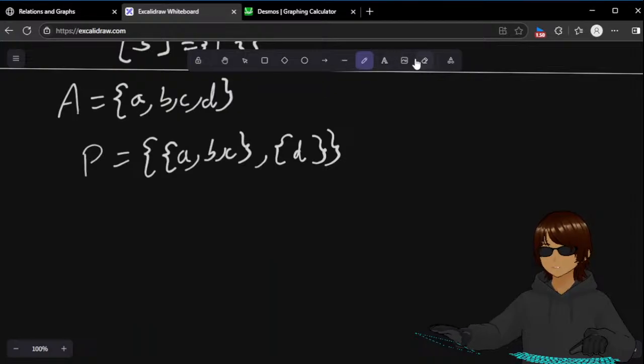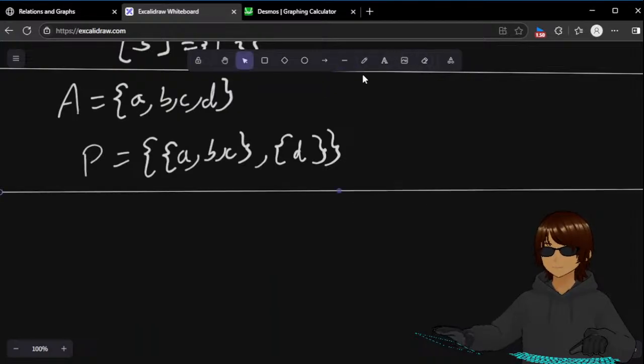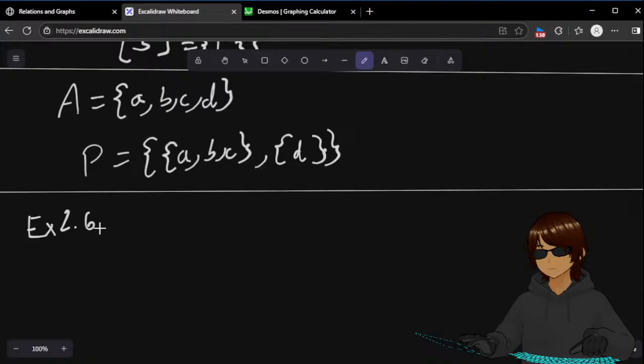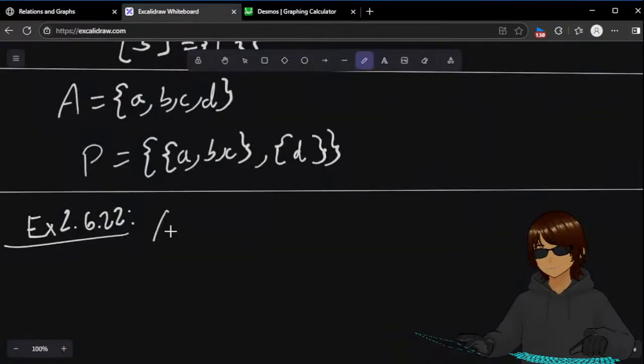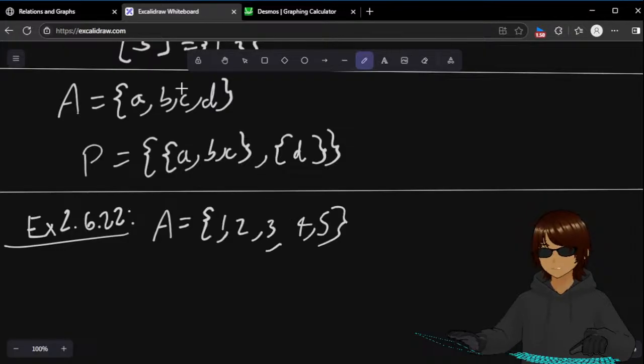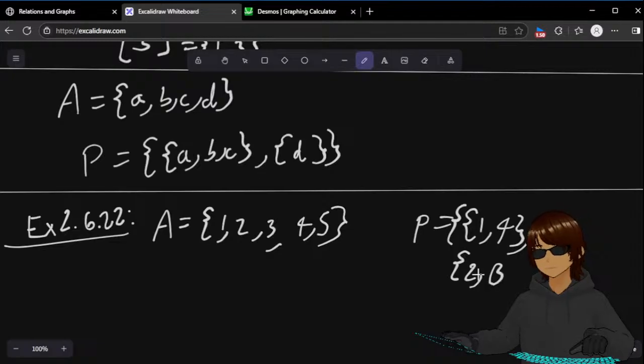Exercise 2.6.22. We have set A: 1, 2, 3, 4, 5. And the partition is 1, 4, 2, 3, 5.